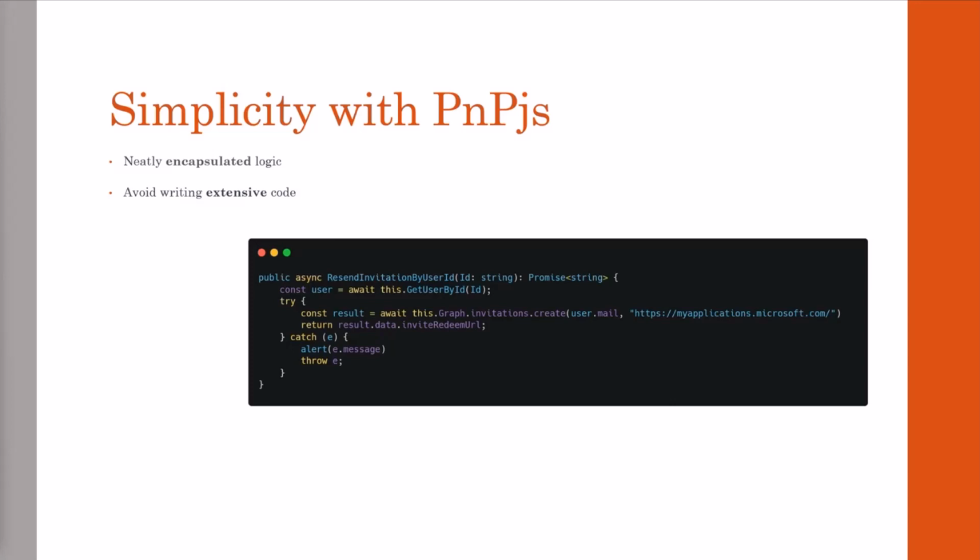If we disregard our error handling for the moment, there's a line where you really can see how the logic is neatly encapsulated and presented in a straightforward manner. First of all, we need to call through Graph, and then we know we have to do something with the invitations. And lastly, we know we have to create this new link. It's pretty straightforward through the PnPjs framework.